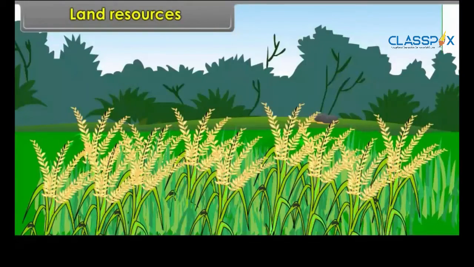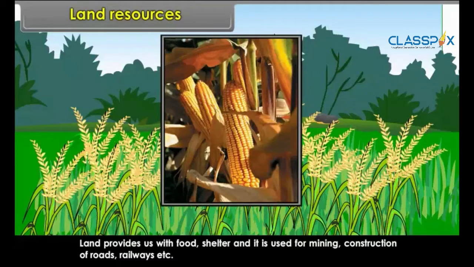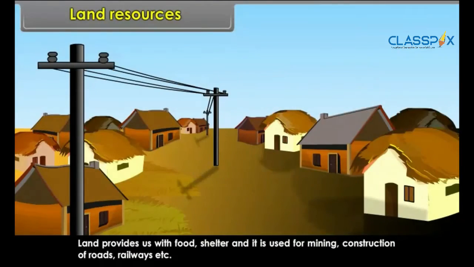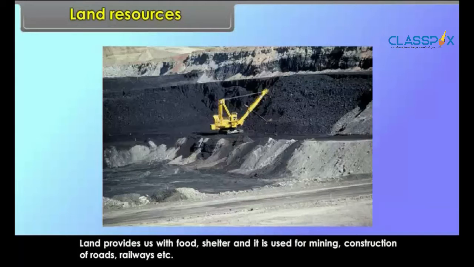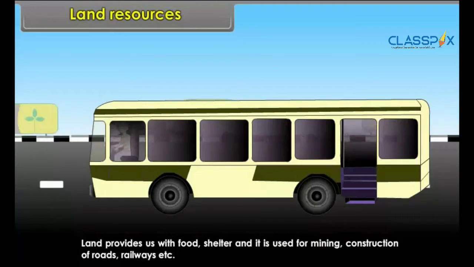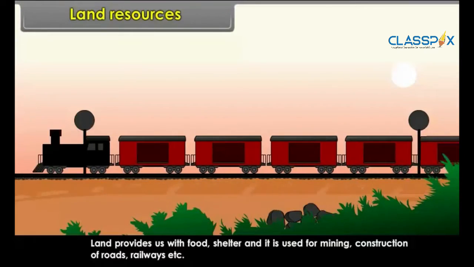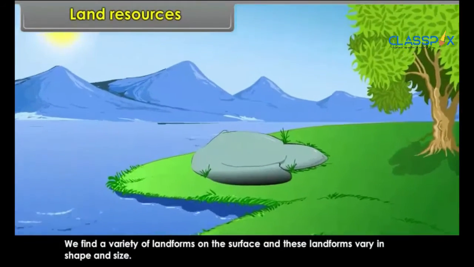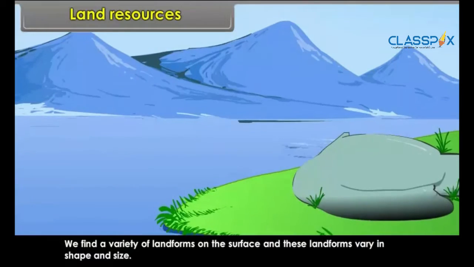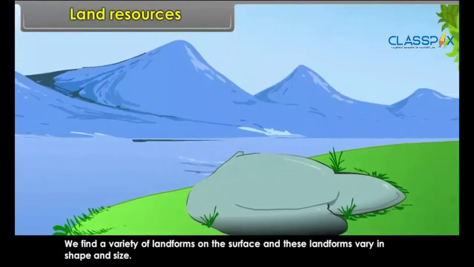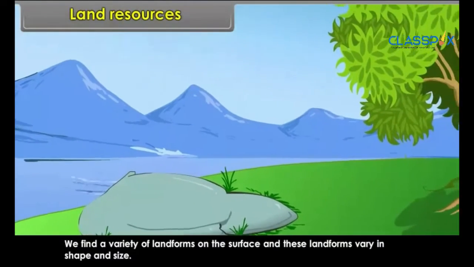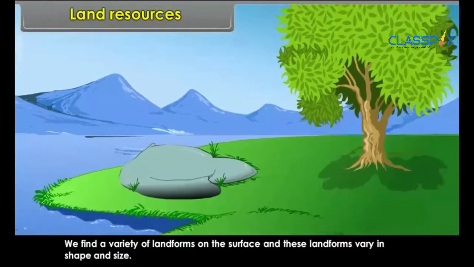Land provides us with food, shelter, and it is used for mining, construction of roads, railways, etc. We find a variety of landforms on the surface, and these landforms vary in shape and size.